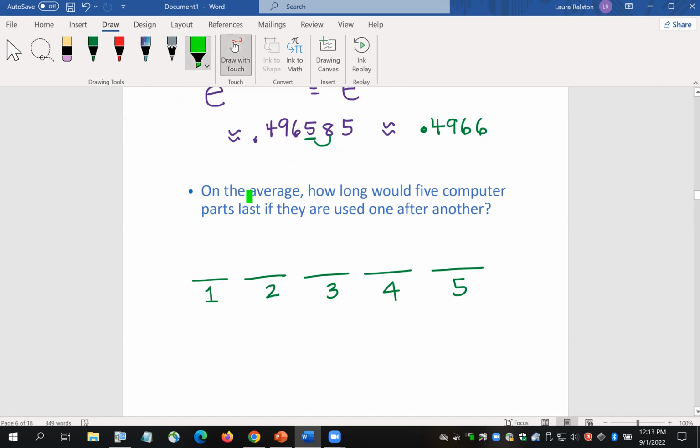It says on average. Well, the average lifetime of this computer part, we're told, is 10. So if the first one lasts 10 years, and the second one lasts 10 years, and the third, the fourth, and the fifth each last 10 years, and I add those together, I have 50 years.